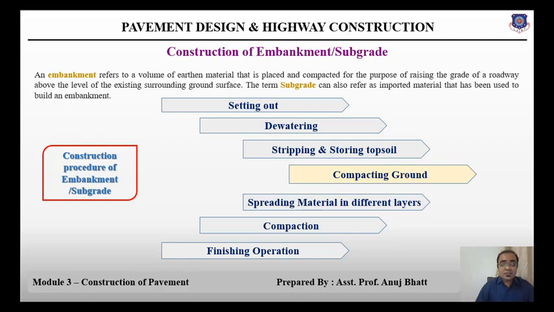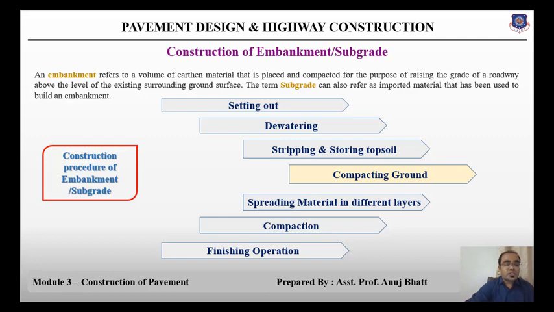This test has to be performed after the compaction. Now if the dry density is found less than 95% of maximum dry density, the original ground shall be scarified and mixed with the required quantity of water, and then again compacted by vibratory roller to achieve the minimum specified dry density.